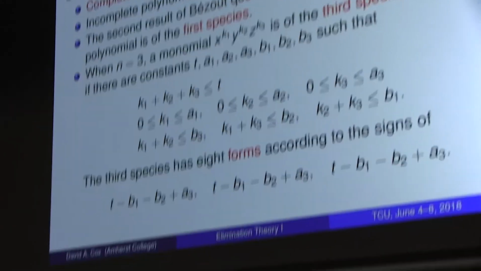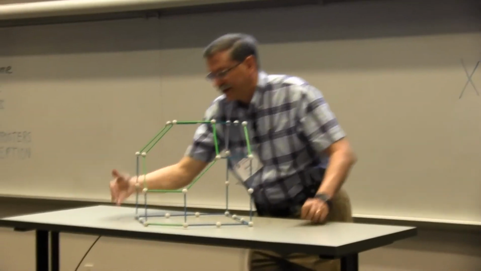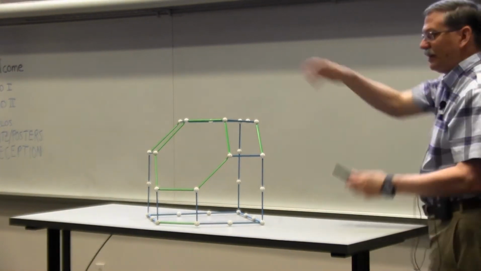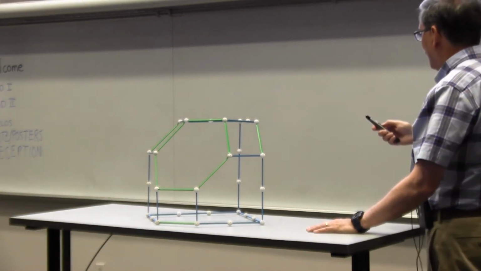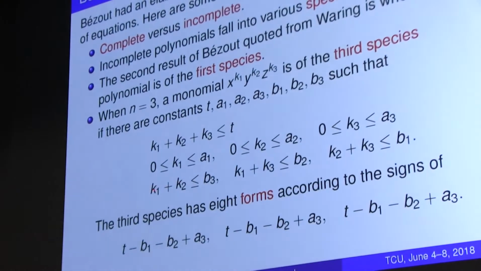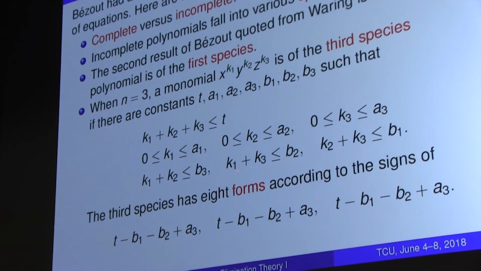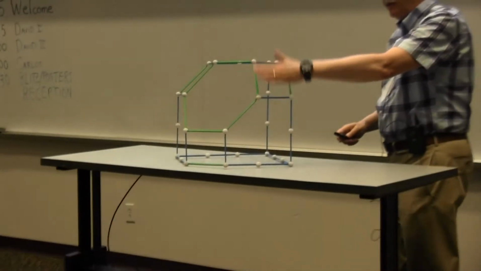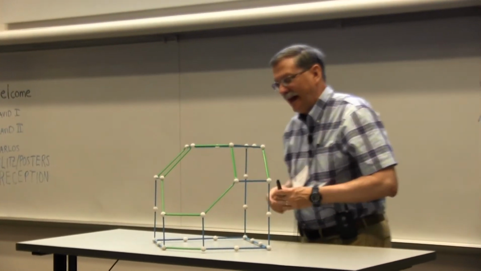That's basically chopping off, that bounds the X degree, that bounds the Y degree, that bounds the Z degree. But then we're also bounding the sum. So this is bounding the sum of X plus Y, and this is bounding X plus Z and so on. And that's what these are.